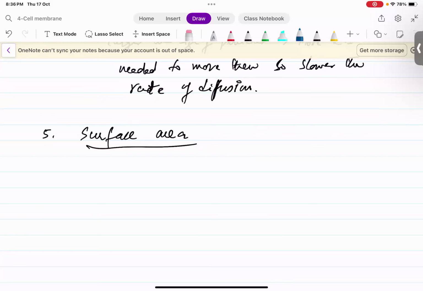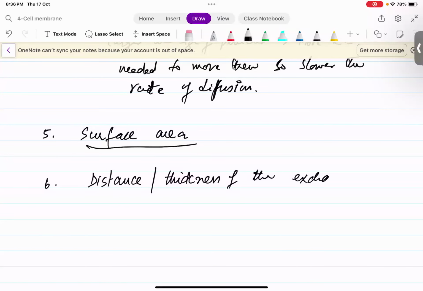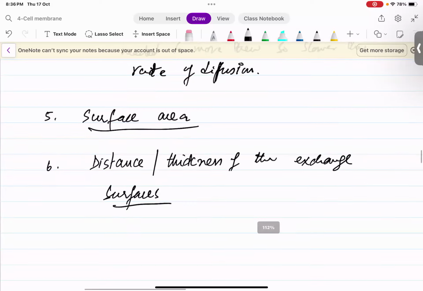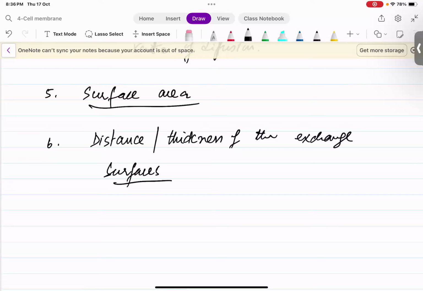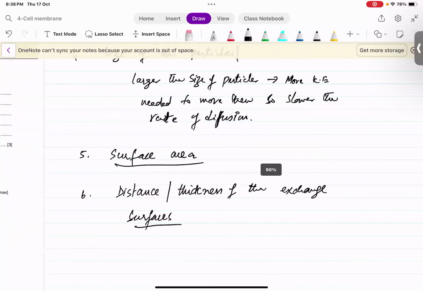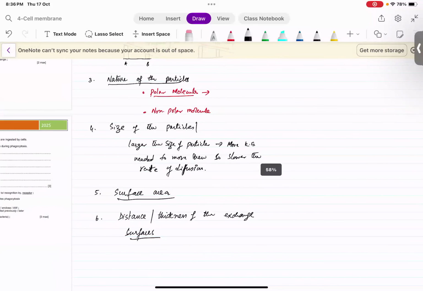And the last is the distance or thickness of the exchange surfaces. The shorter the distance, the faster the rate of diffusion, and the longer the distance, the slower the rate of diffusion. These are the different factors affecting the rate of diffusion.